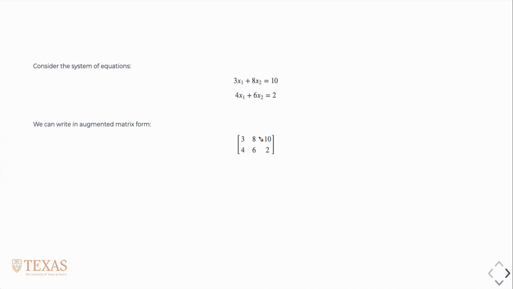So you can see on the left side of this dashed line is simply the coefficients of the x1 and x2 in the two equations, and on the right hand side are the constants, the right hand side of the equations.